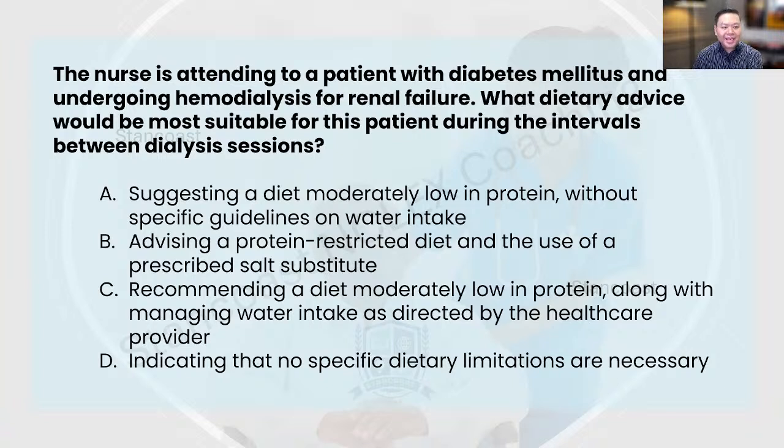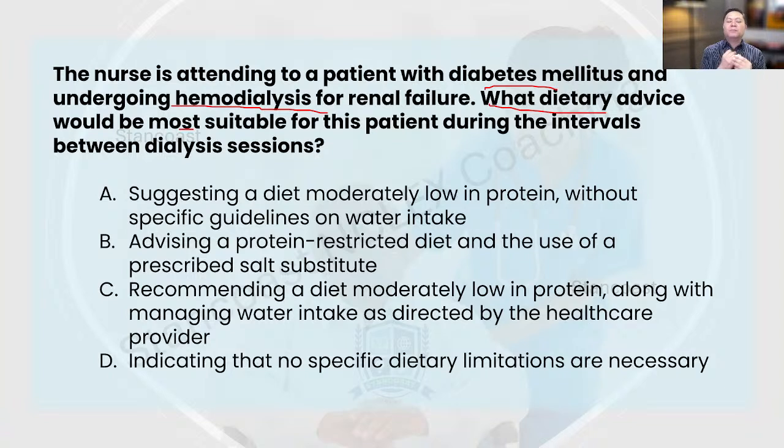So again, our scenario is on a patient with diabetes mellitus and also having dialysis, hemodialysis to be specific, for the renal failure. So what dietary advice would be most suitable for this patient during the intervals between dialysis sessions? We're talking about the diet that the patient should be compliant with, even during the days that they don't have dialysis.